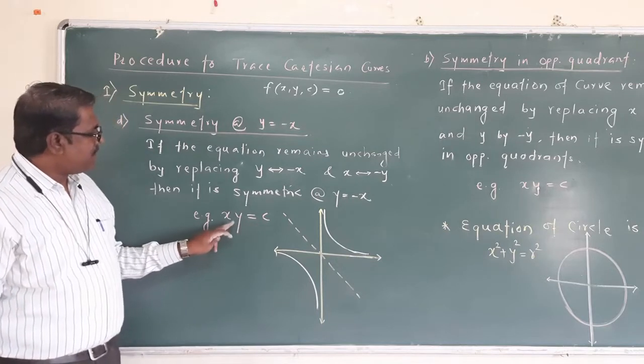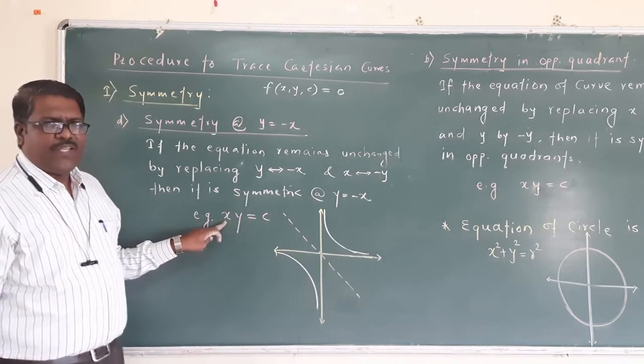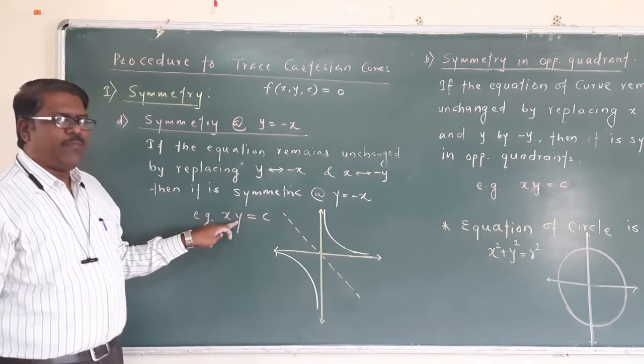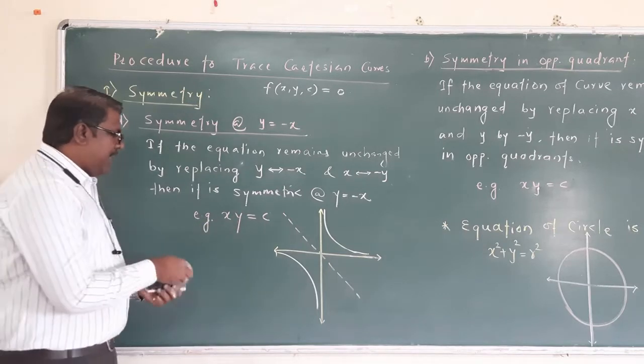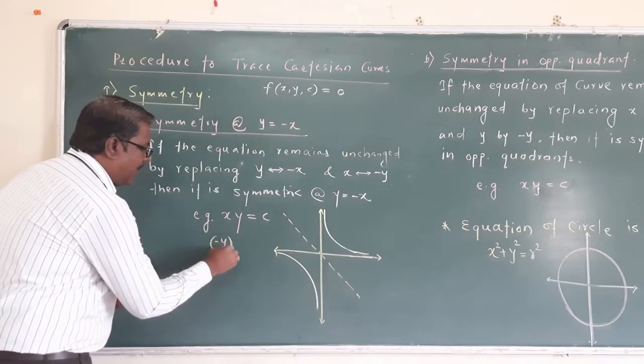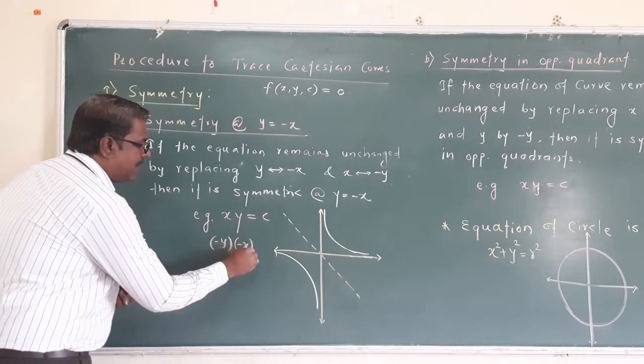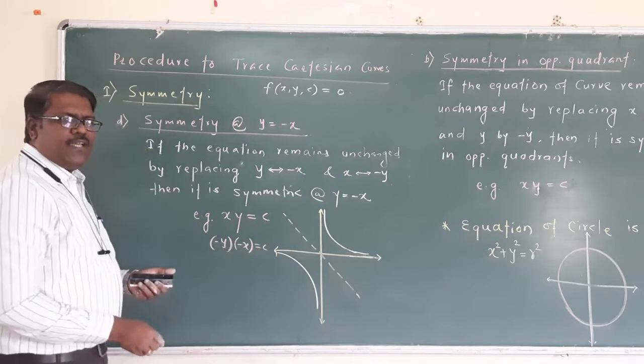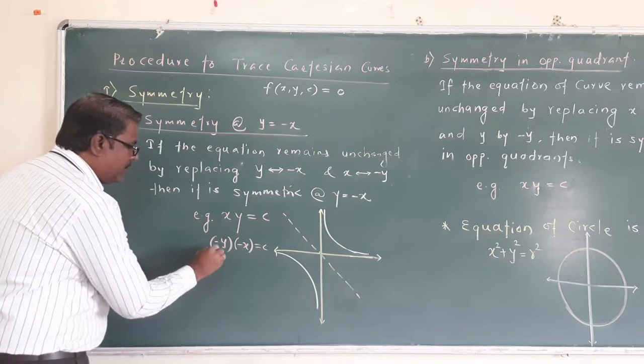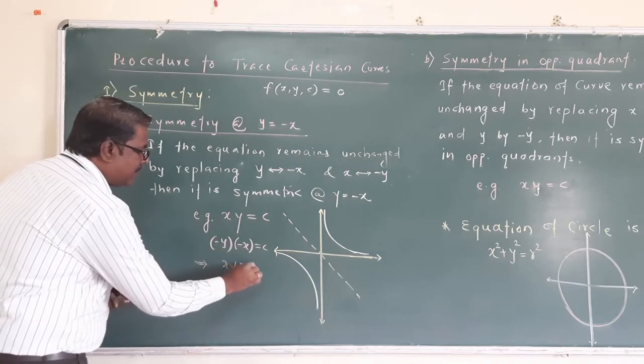So it is a rectangular hyperbola, it is known to us. If I replace x by minus y and y by minus x, what will we get? Minus y into minus x is equal to c, and this is nothing but xy is equal to c.